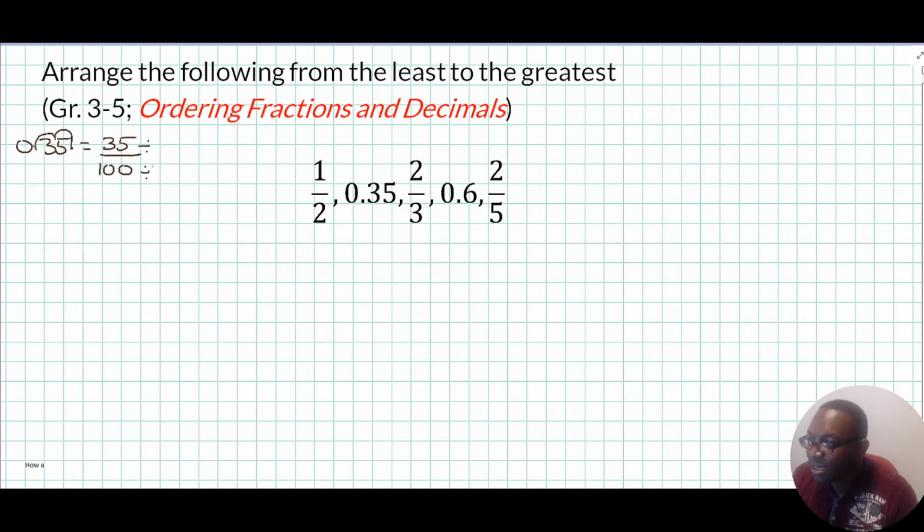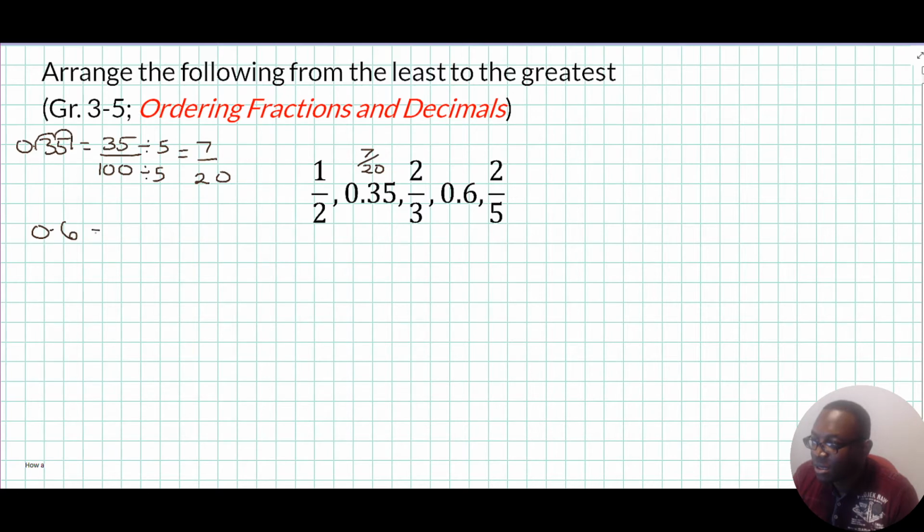Remember yesterday and the day before we looked at divisibility rules. Any number that ends with 5 or 0 is divisible by 5. So we can divide both numerator and denominator by 5. So this is going to give you 7 over 20. The other decimal we have is 0.6.